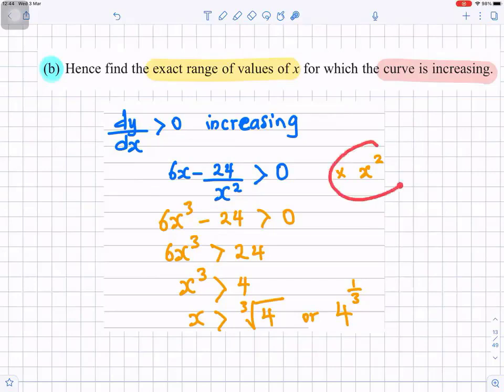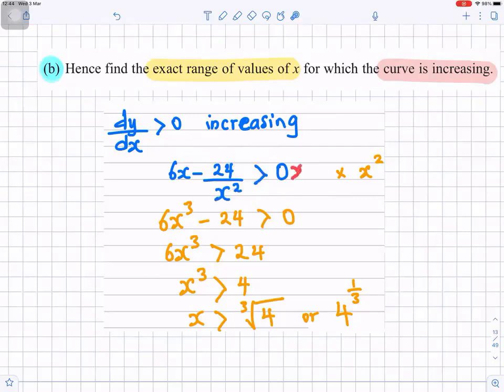So we can multiply by x squared. Multiply by x squared, multiply by x squared, multiply by x squared. So that'll give us 6x cubed minus 24 is greater than 0. Because this x squared here would cancel. And x times x squared will give you x cubed.